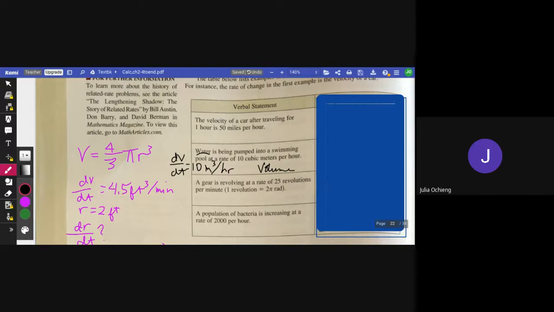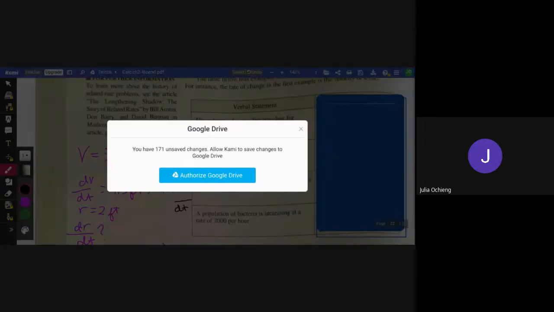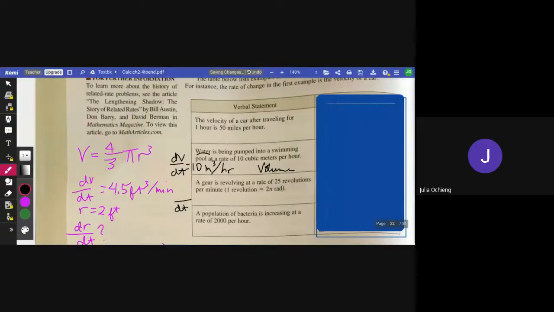The next one, a gear is revolving at a rate of 25 revolutions per minute. So again, there's a rate word, so this is some sort of a rate in terms of time. So the change in revolutions over change in time is equal to 25 revolutions per minute.